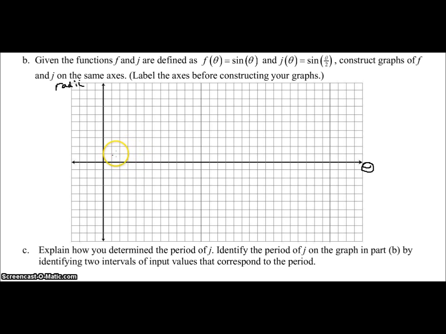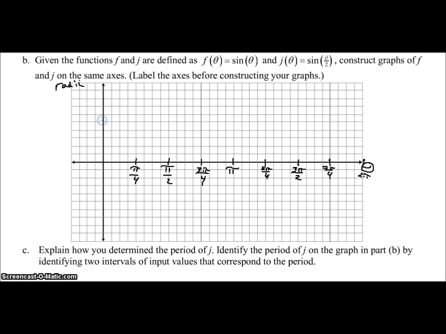And so I'm just going to mark this like, let's see, pi over 4, 2 pi over 4, or pi over 2, 3 pi over 4, 4 pi over 4, or pi, 5 pi over 4, 6 pi over 4, which is the same as 3 pi over 2, 7 pi over 4, and then right on the end here this will be 2 pi.